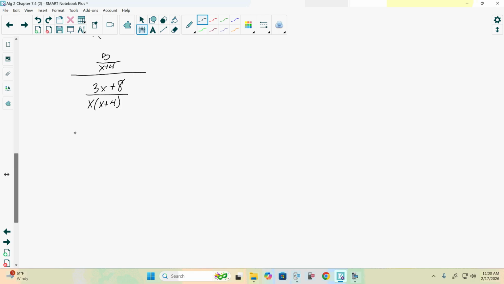So another way to look at this is that we have 5 over x plus 4 divided by 3x plus 8 over x times x plus 4. We have to rewrite it as division to be able to get this fraction to simplify further.